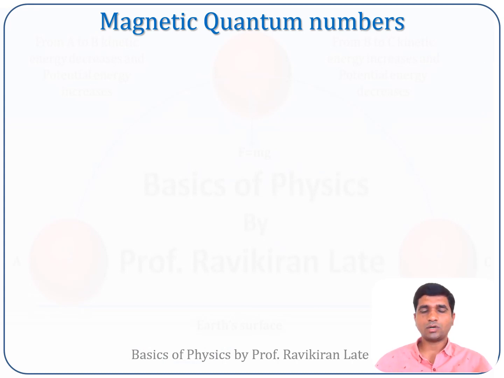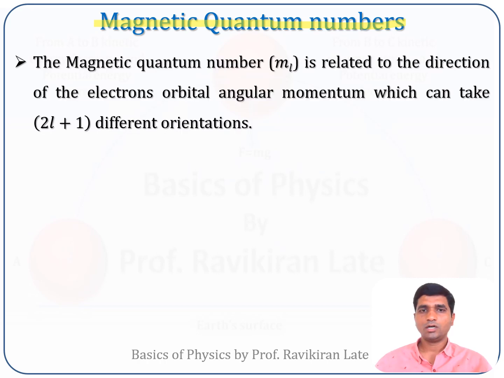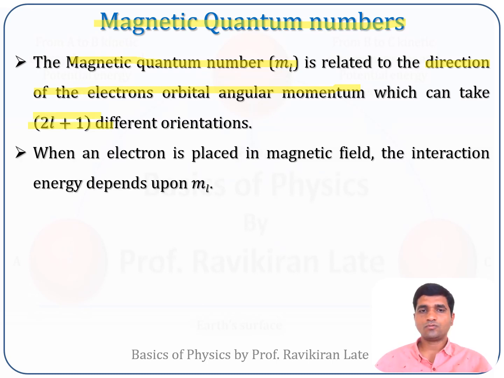Now the next quantum number is called the magnetic quantum number. What is the magnetic quantum number? It is denoted by the letter ml. It is related to the direction of the orbital angular momentum of the electron, which can take 2l plus 1 values. So for a given value of n, we know that we can have certain values of l.